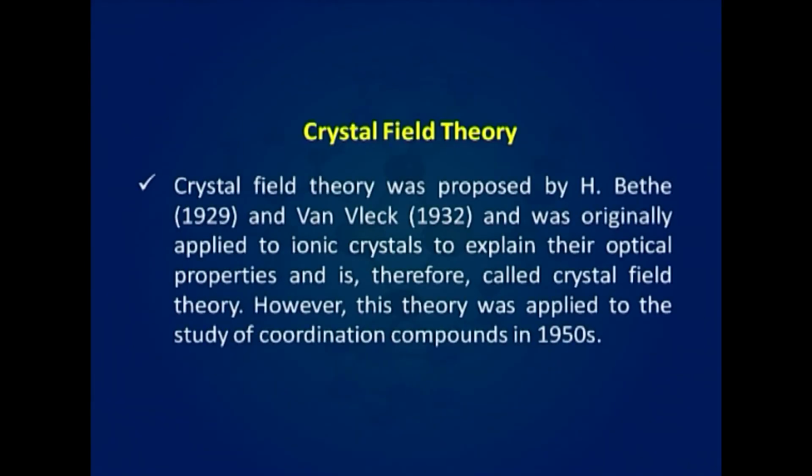Crystal field theory was proposed by H. Bethe in 1929 and Van Vleck in 1932 and was originally applied to ionic crystals to explain their optical properties and is therefore called crystal field theory. However, this theory was applied to study of coordination compounds in the 1950s.